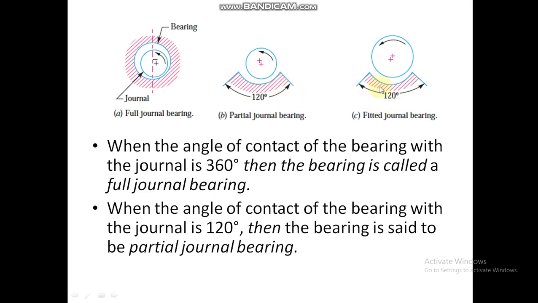And this is also a partial journal bearing, and it is fitted. It is called fitted because, see carefully in this diagram, the diameter of the journal and the diameter of the bearing are the same. But in this diagram, the diameter of the journal is small as compared to the diameter of the bearing.